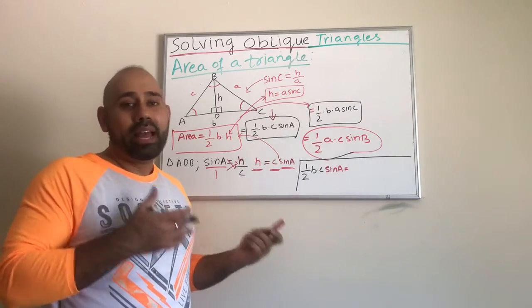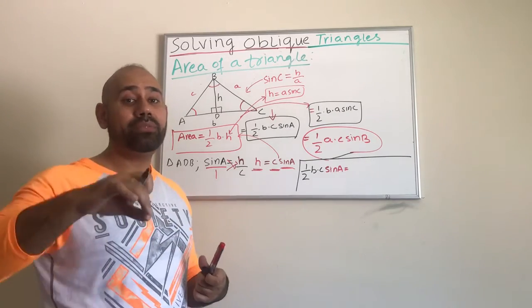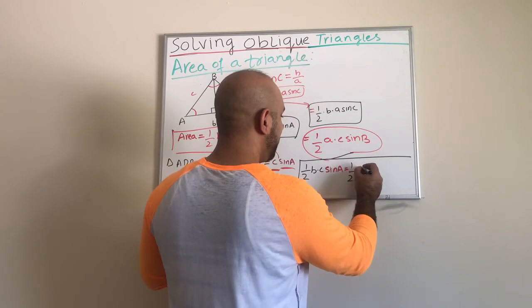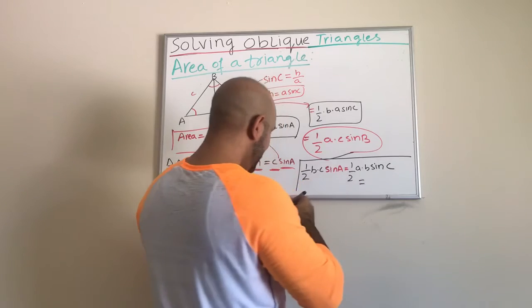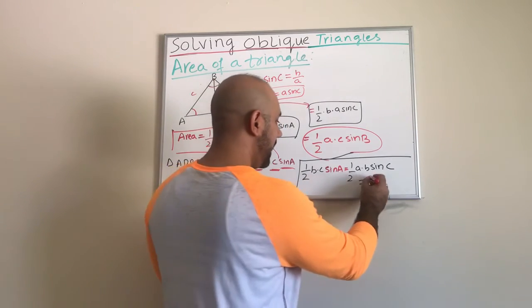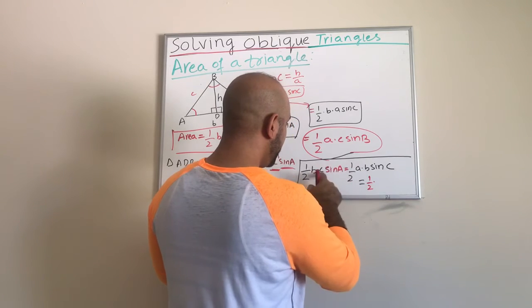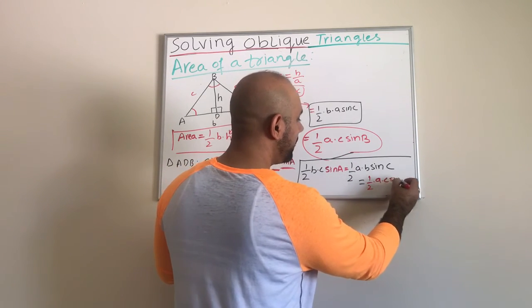So here 1/2 stays, it is just the product of any two sides and the sine of an included angle. So same thing, this is the same as 1/2 of A times B times sine of C, and this is still the same as 1/2 of A times, we got A and B, we got B and C, we didn't get A and C. So A times C times sine of B.